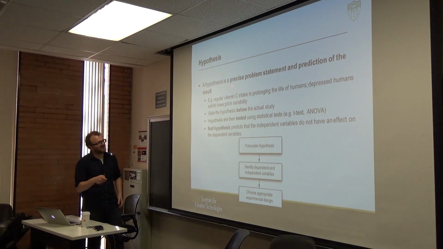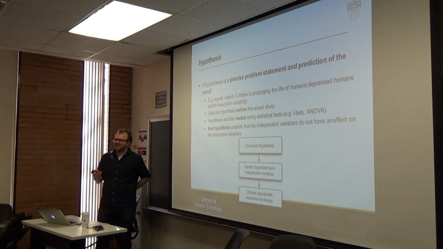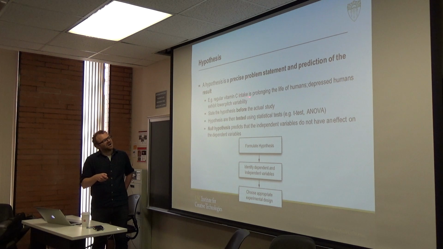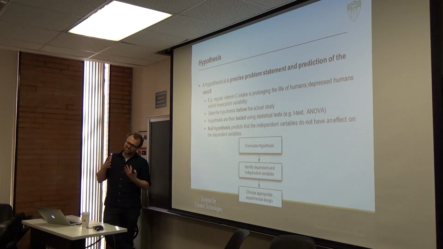For example, regular vitamin C intake is prolonging the life of humans. Or, depressed humans exhibit lower pitch variability. That could be a hypothesis, and importantly, behind it there is some train of thought.